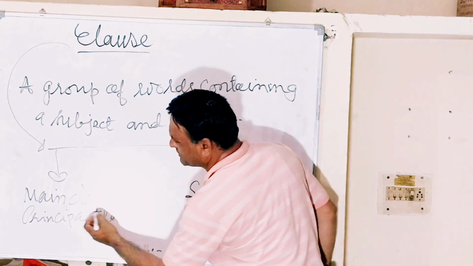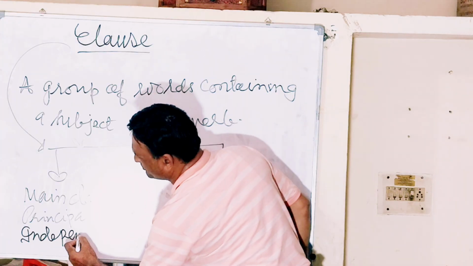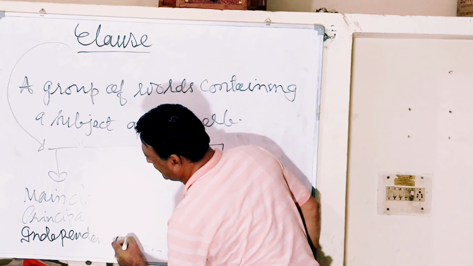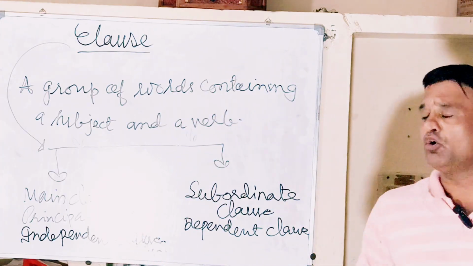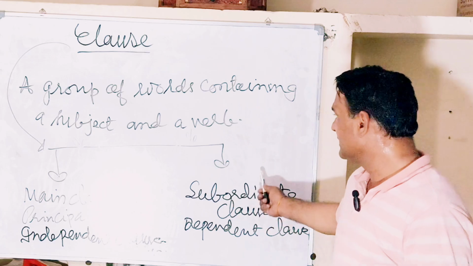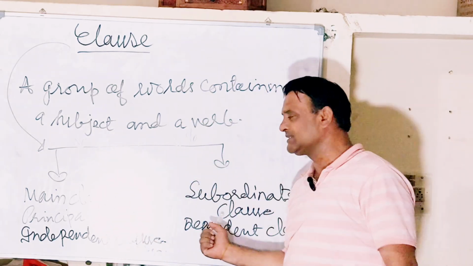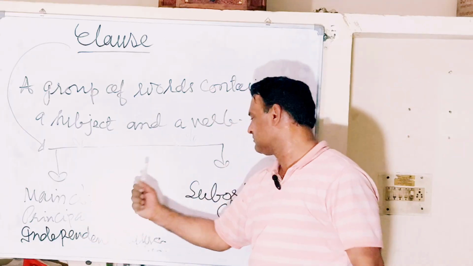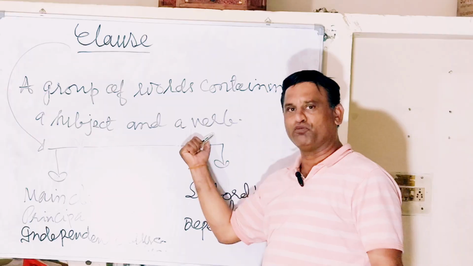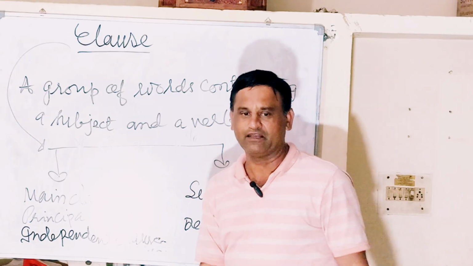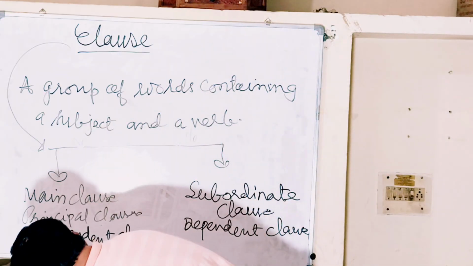Main clause is also known as principal clause or independent clause. Let us understand. This is the definition, and both of the clauses, whether it is main clause or subordinate clause, have a subject and a verb. This is very clear.